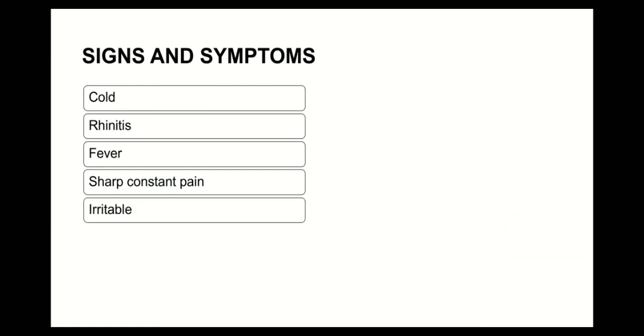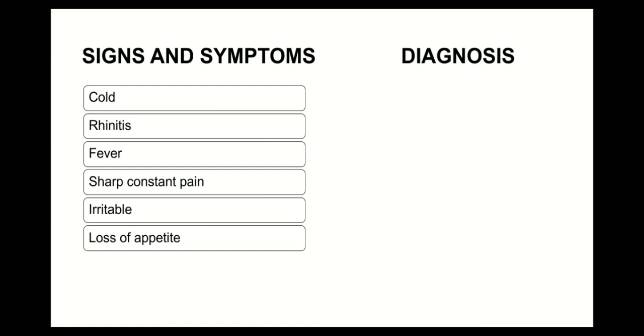Infants will also become irritable and express discomfort and pain through tugging of the ears. They pull on their ears to relieve pain, because the pressure is increased by the accumulation of fluid and pathogens in the ear. So by tugging their ears, they are able to relieve some of that pressure and also some of that pain. Also, there is loss of appetite because chewing and sucking are known to aggravate the condition.